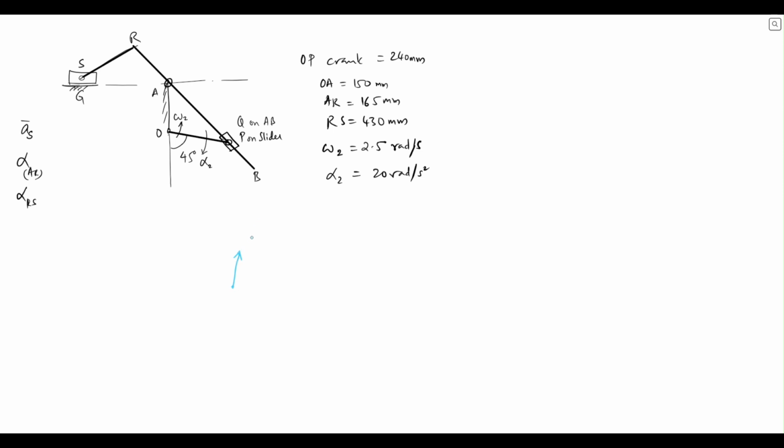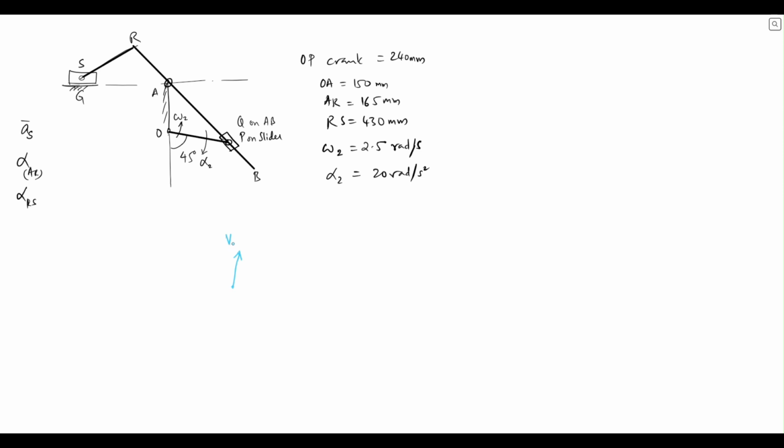From there, we can say that the velocity of the point Q, which is on AB, has to be orthogonal to the AB link. So this is completely known.